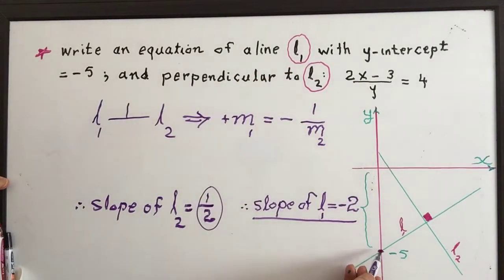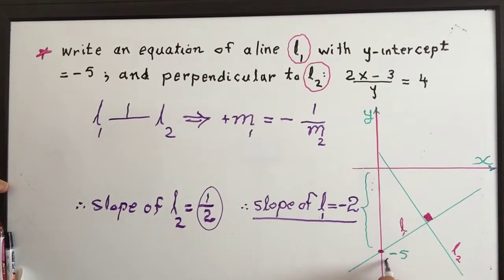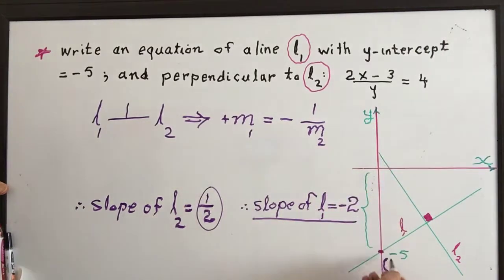And the point that gives us the intercept is -5. If you want to write the coordinates of this point, as it is on the y-axis, x is 0.